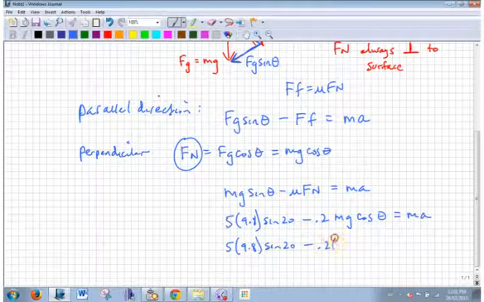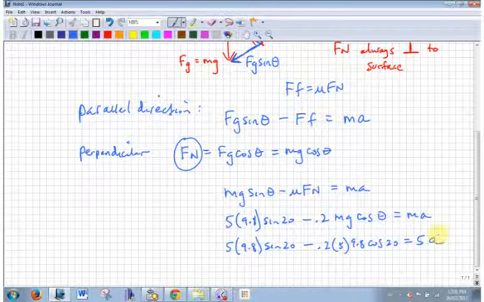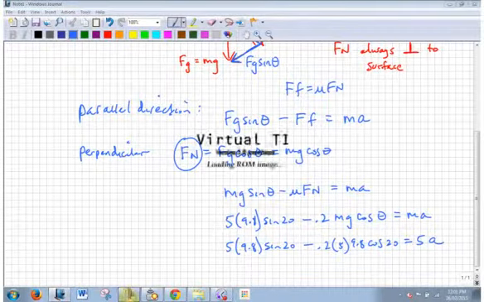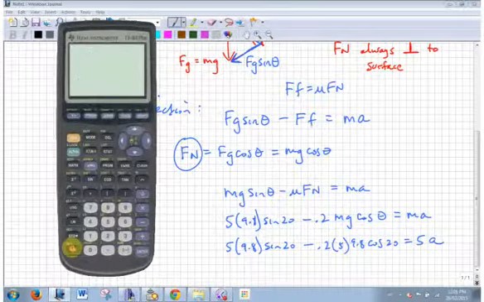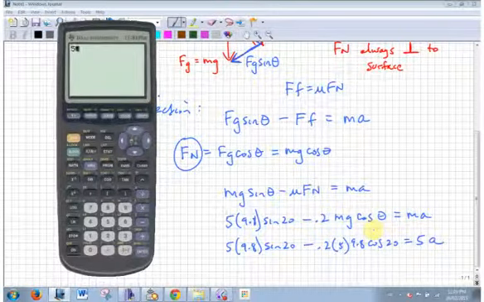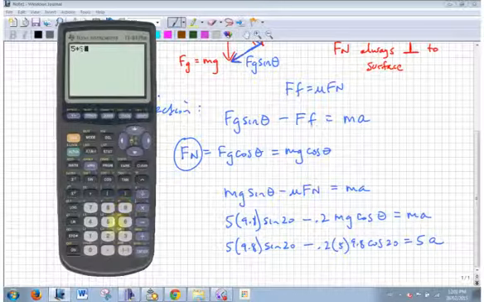Those are all numbers. M is 5, g is 9.8, cosine of 20, m is 5, and I only got one variable in there, don't I? So that's about as long as I could possibly have my equation. I could cancel everything and divide it by 5, okay? I could have done that. Hope you see that. I could factor some things out if I wanted to. I just didn't.